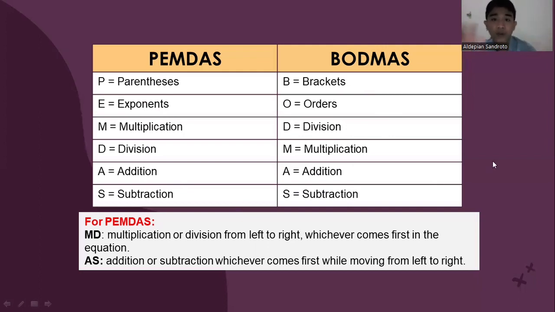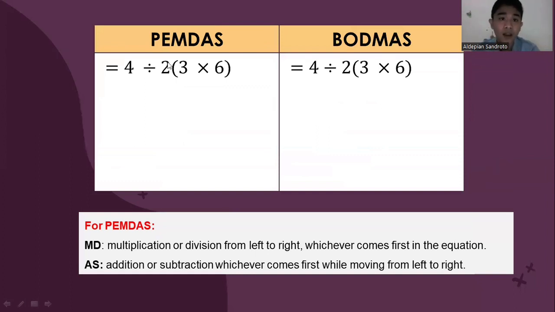Okay, so here is the example I give to you. The equation is 4 divided by 2, and the number in the brackets is 3 times 6. Now let's solve it using the PEMDAS rule. We solve the number in the bracket first, 3 times 6 equals 18.